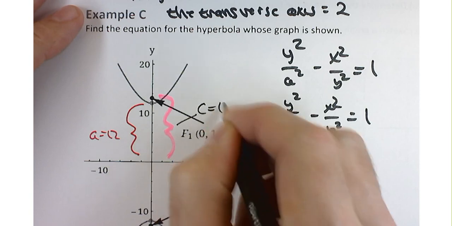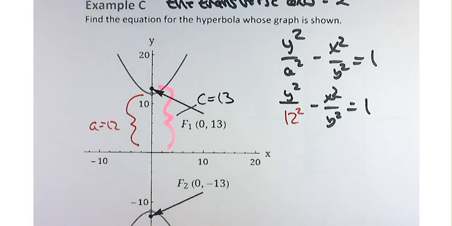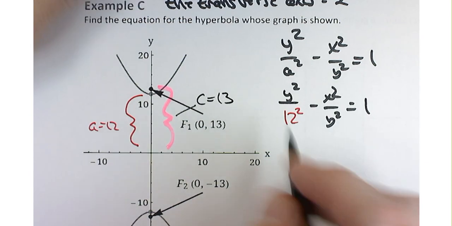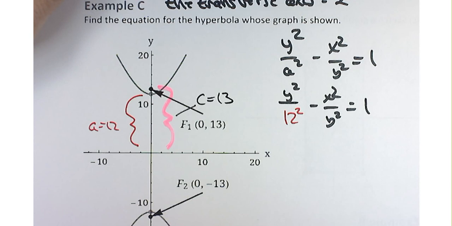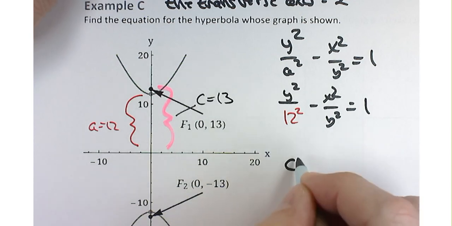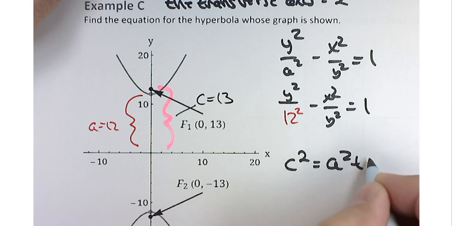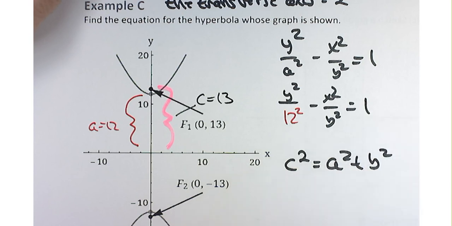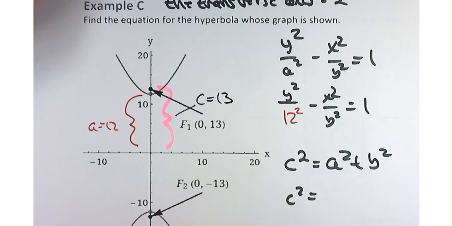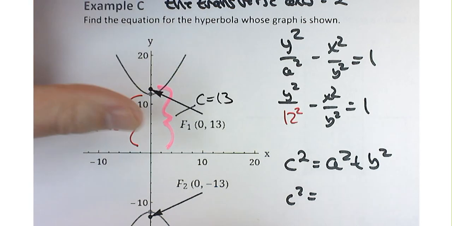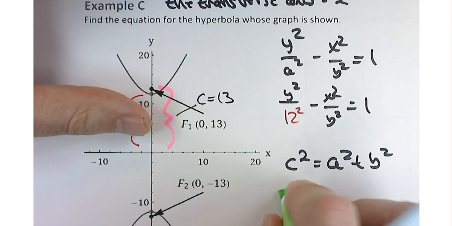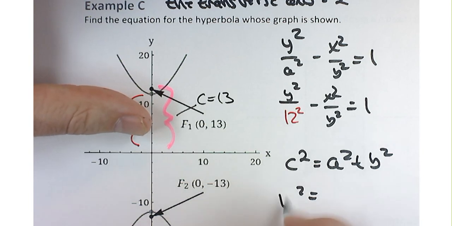c equals 13. And what's the formula that goes along with c? How do I calculate c in the case of a hyperbola, not an ellipse? Yeah, okay. So we'll plug in the 13 for c and the 12 for a. And I think things work out pretty good.